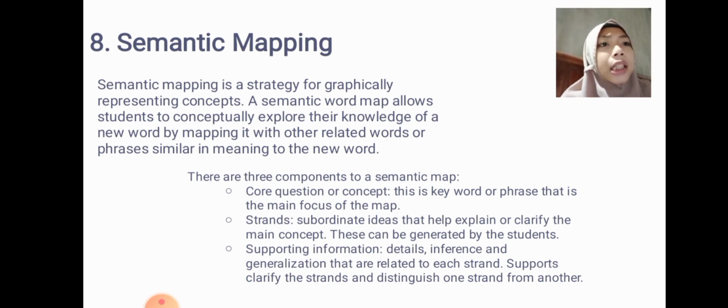This can be generated by the student. And the third, supporting information, details, inferences, and generalizations that are related to each strand. Supports clarify the strands and distinguish one strand from another.